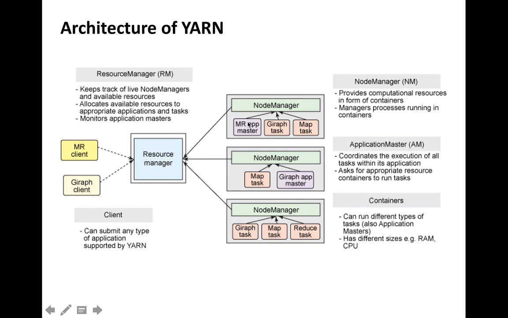In this small computer we have some CPU and RAM that can be assigned to an application to execute some task. Generally, for a node, there are several containers. For example, here we have 3 containers, this one has 2 containers, and this one has three containers. So that's the important thing you need to know.